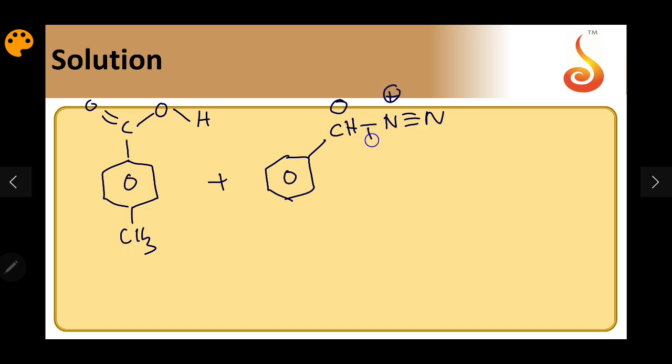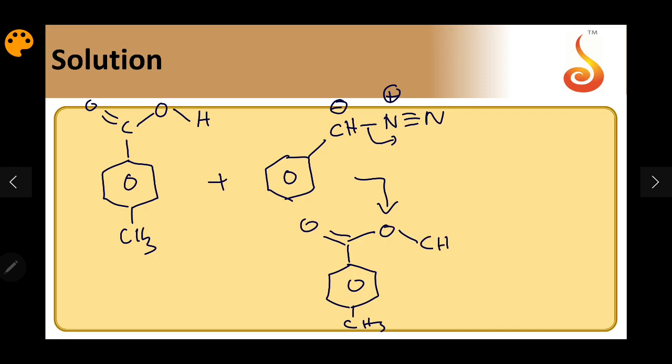So this nitrogen will go out, this is to be introduced between the OH bond. So you are going to get this product, CH3, double bond O, this will become CH, and one more H is there, CH2 and one benzene ring. So this is the product we should get as an ester.